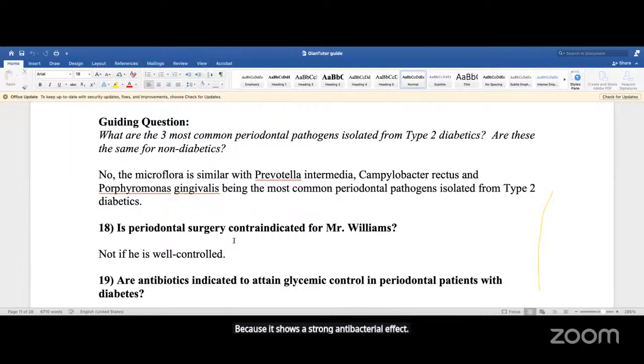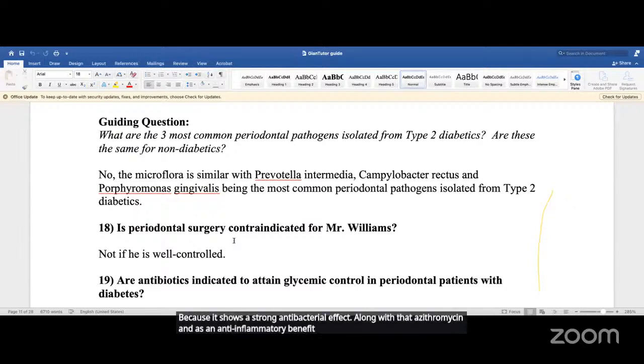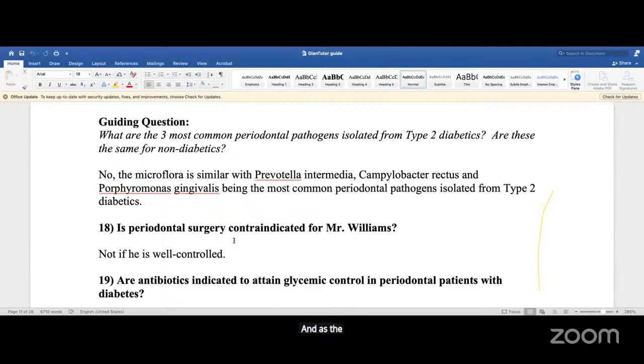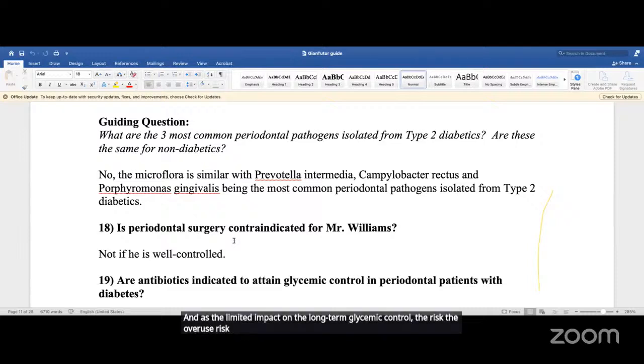Along with that, azithromycin, and for anti-inflammatory benefit, we can give low-dose doxycycline to improve tissue healing. There is limited impact on long-term glycemic control, and the overuse risk, such as disruption of the gut microbiota primarily. The approach can be scaling and root planing, along with maintenance of oral hygiene, and antibiotics can be used for this case.